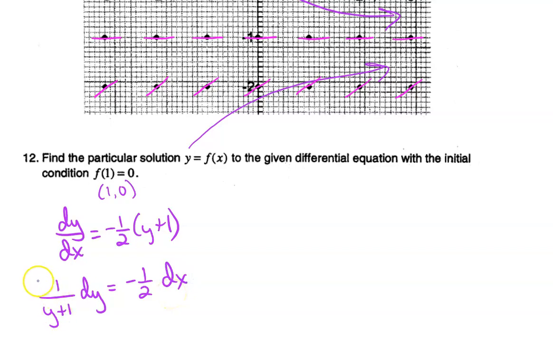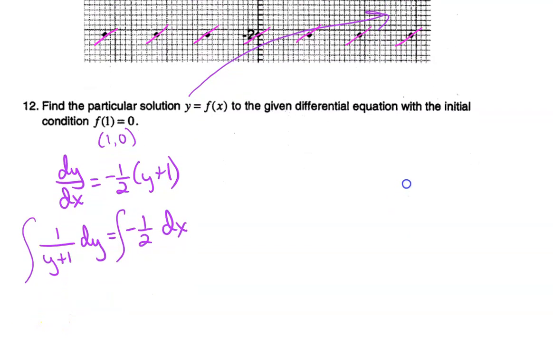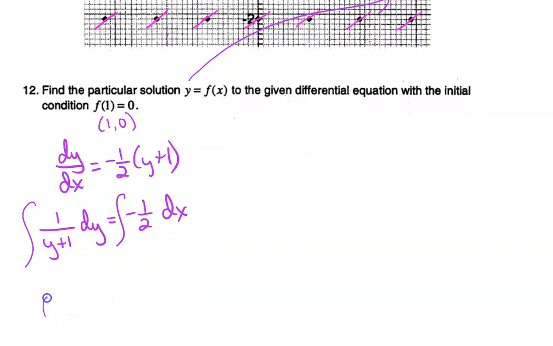Okay, so when I integrate this, remember we talked about in 6.5 day 1 how the antiderivative of 1 over u du was the natural log of absolute value u plus c. Here this is the derivative of natural log. It also involves the chain rule though, so really we're looking at this y plus 1 being our u term.